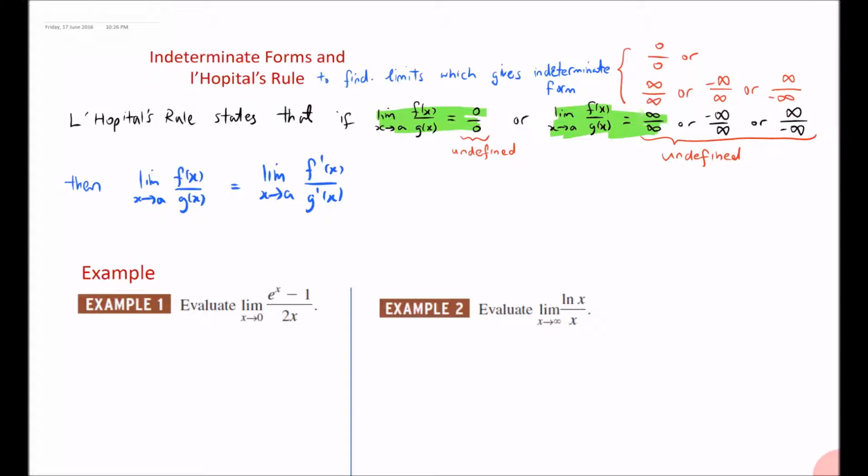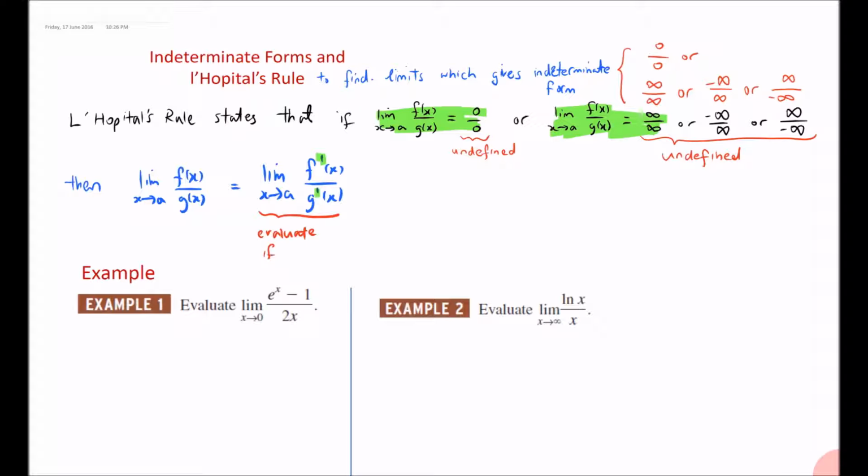So what is the difference? There's a differentiation, right? There are derivatives of the numerator over the denominator. So you evaluate the limit.